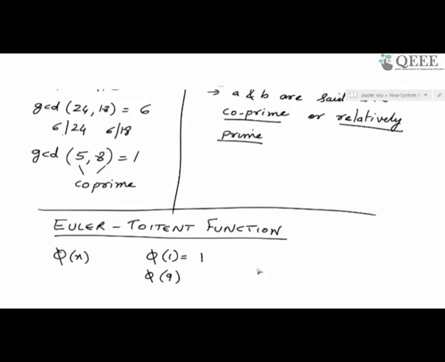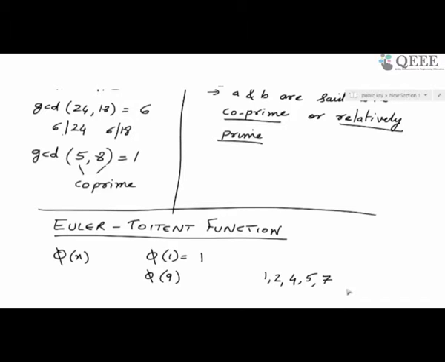And what is phi of 9? Let us look at all the numbers that are relatively prime to 9. Those are 1, 2, 4, 5, 7 and 8. 3 is not there, and 6 is not there because GCD of 6 and 9 is greater than 1.